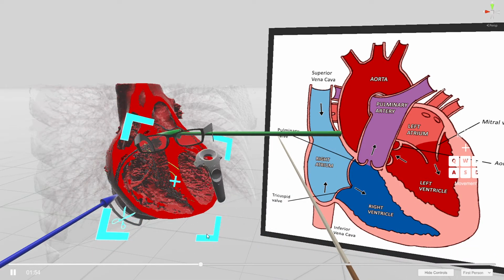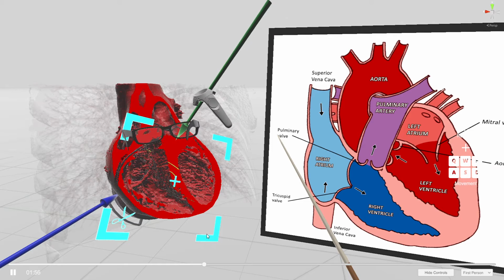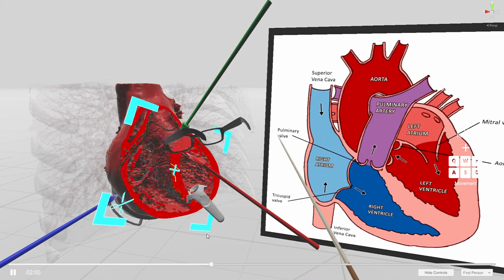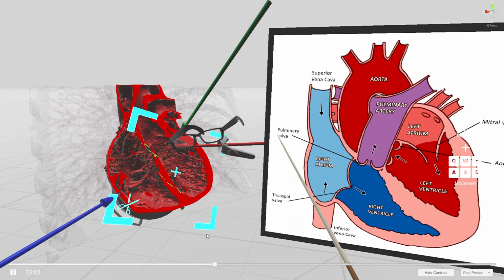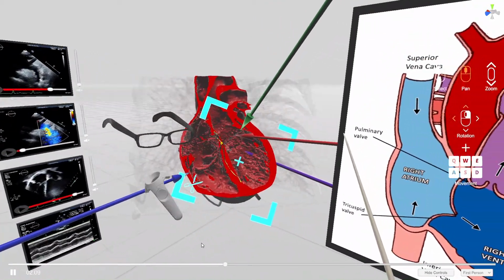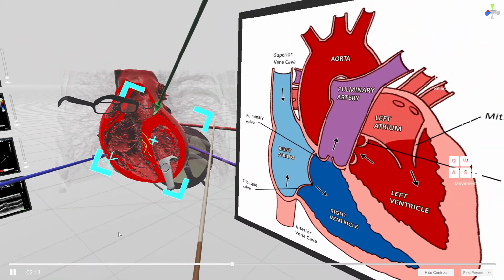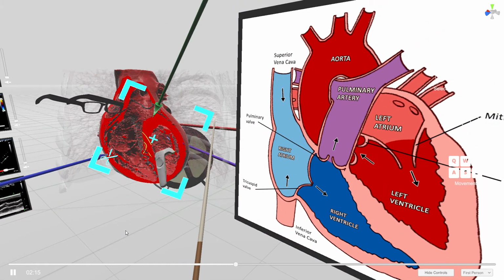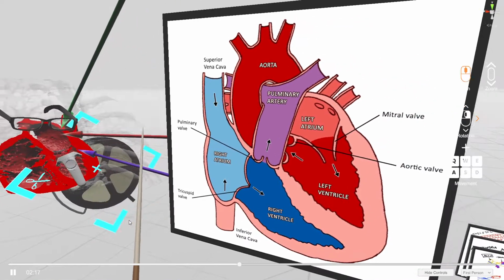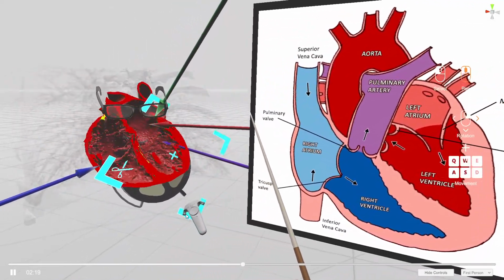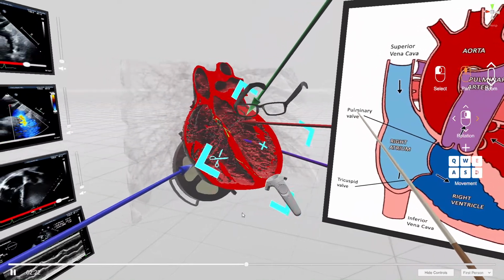I'm going to park these here just so you have a point of reference for each one of the valve annuli, pointing them right at them. This is the tricuspid valve. The blue or the green arrow here is the pulmonary valve. The mitral valve is here with this blue arrow, and then the aortic valve is here.